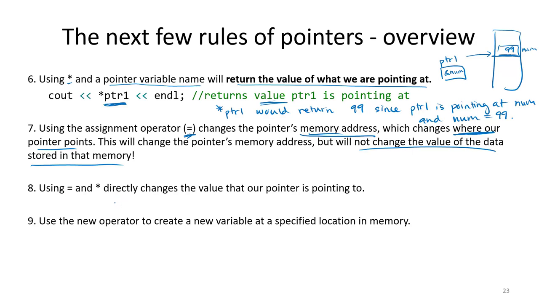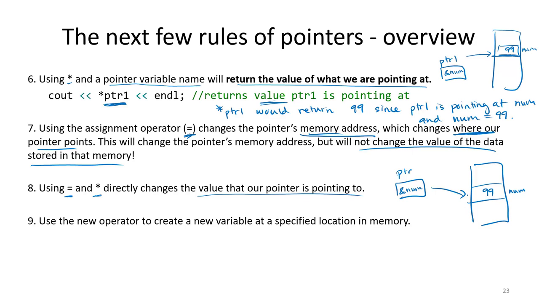Rule number 8. Using our assignment operator and asterisk together directly changes the value that our pointer is pointing to. Let's consider the example that we talked about a moment ago. Suppose I have my pointer ptr, and it's currently pointing at num in the memory.